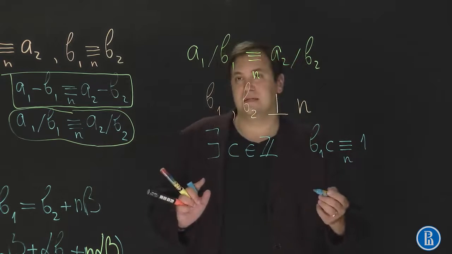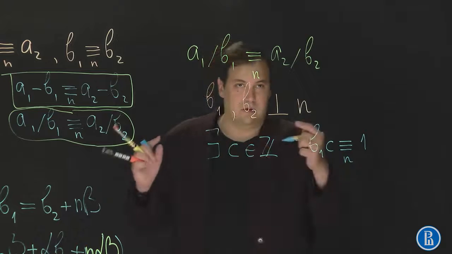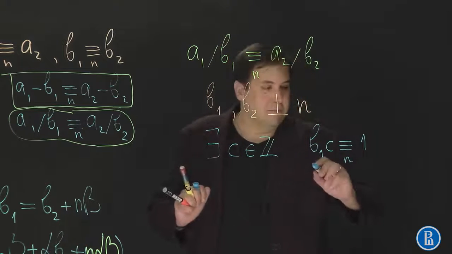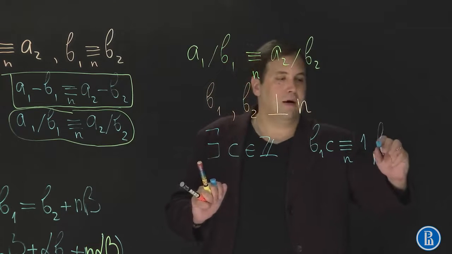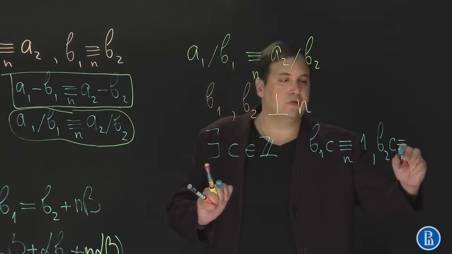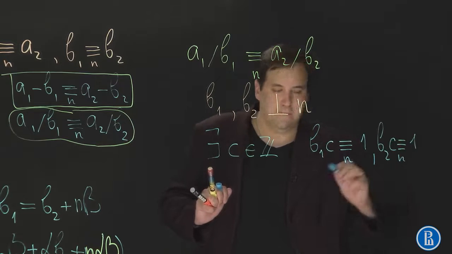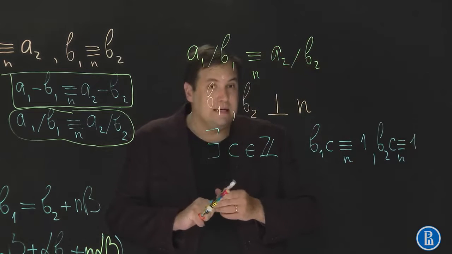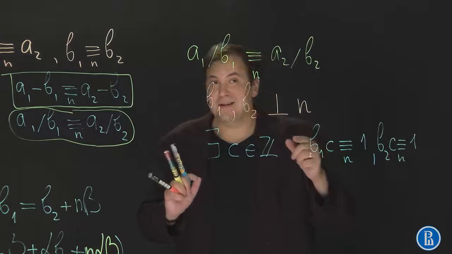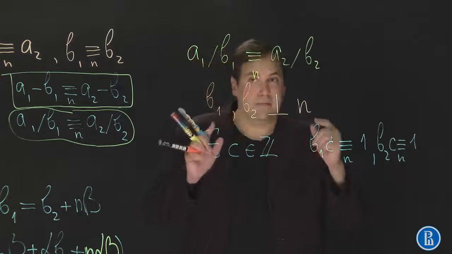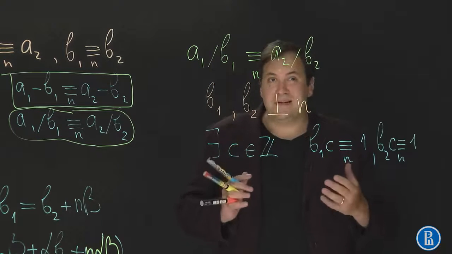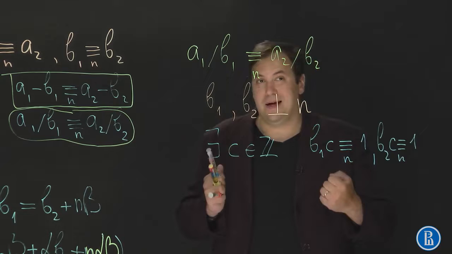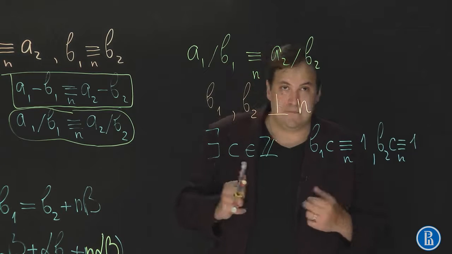And of course, since b1 and b2 are congruent to each other, then b2 multiplied by c will also be congruent to 1 modulo n. So instead of dividing a1 and a2 by b1 and b2, we can consider multiplying them by c.